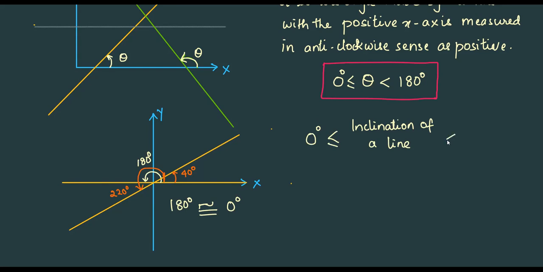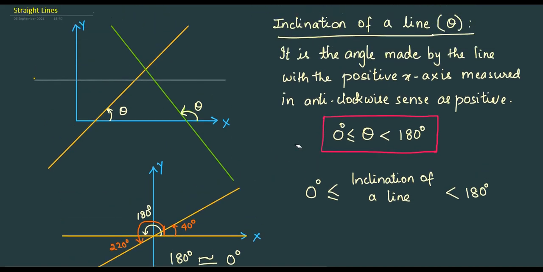It can be equal to 0, but it is not equal to 180, because 180 will be the same as 0. Of course, angles repeat themselves, but from the straight line point of view, not the trigonometry point of view, we just take inclination as 0 to 180.